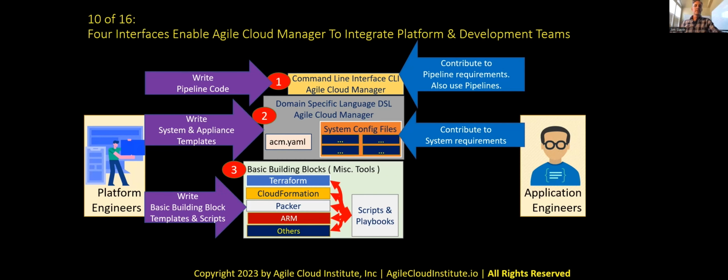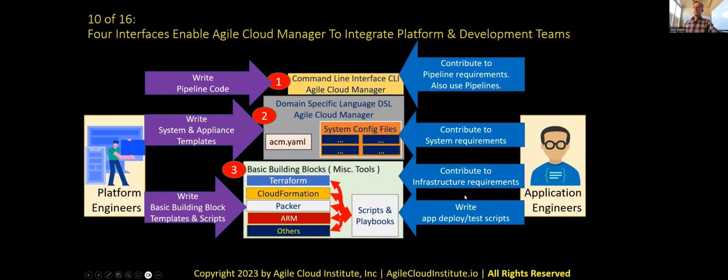Your platform engineers are going to write these basic templates, and here, using the Agile Cloud Manager, they're able to write fewer of these templates because the Agile Cloud Manager makes it a lot easier for you to reuse all of the templates. Your application engineers can contribute to the requirements for infrastructure, and your application engineers can also write scripts to deploy applications and to test applications, which can be integrated into the pipeline.